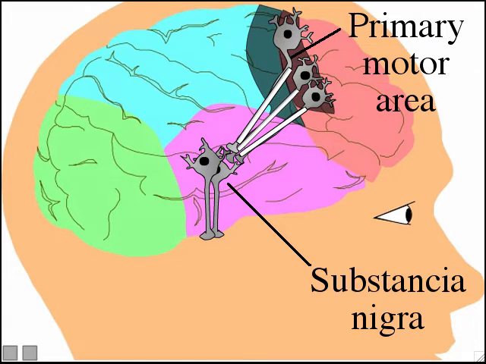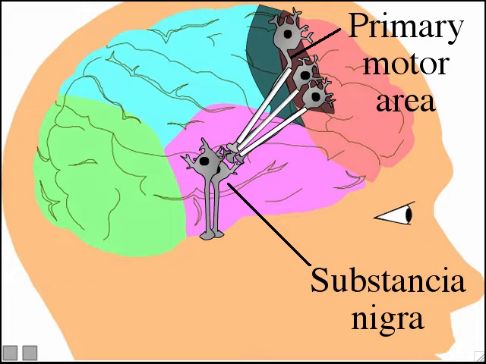And it's not shown in this diagram, but there's another region of the brain called the cerebellum that's also involved in smoothing out the motor signals generated by the primary motor area. So the two regions involved in smoothing out those motor signals are the substantia nigra and the cerebellum.